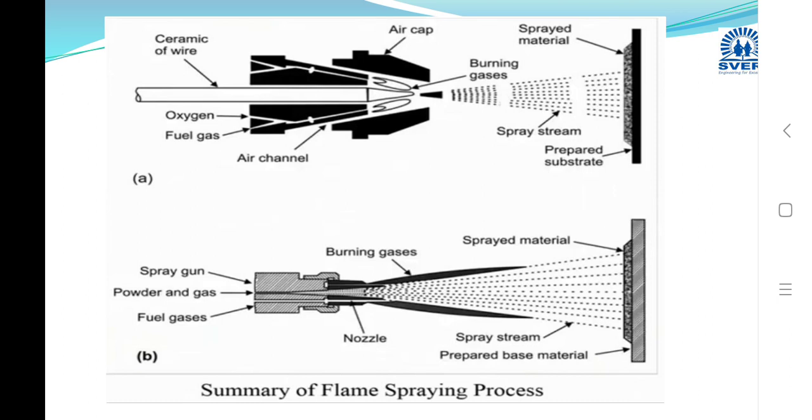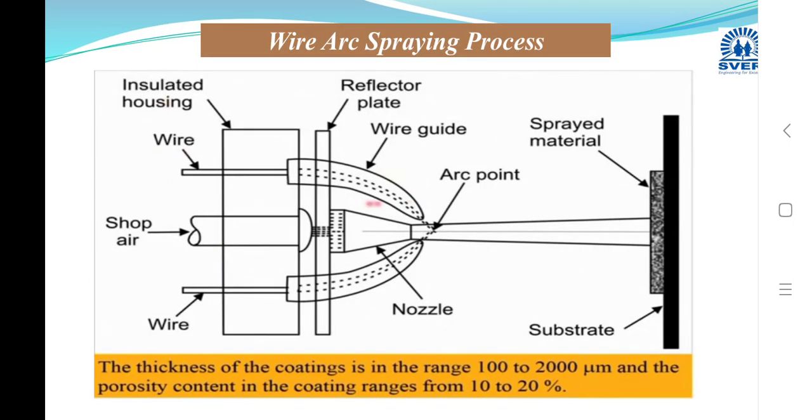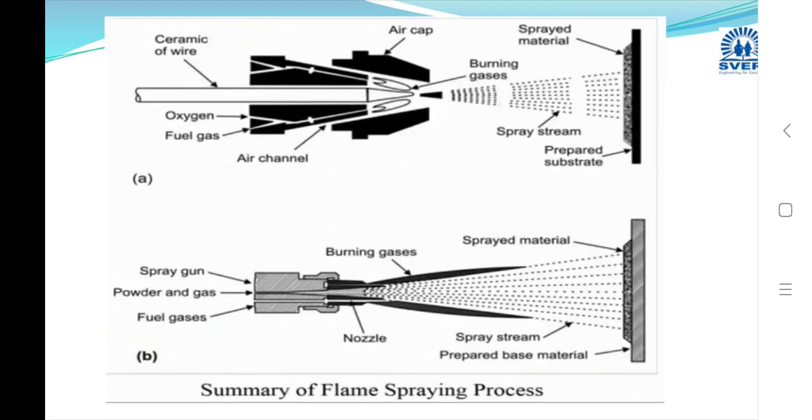Now let us move to the next. As I have mentioned already, this flame spray process is very cheap and versatile in nature, and can be applied for coating low melting point materials, particularly aluminum, zinc, tin and steel.